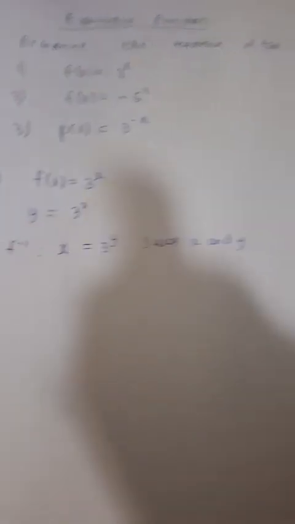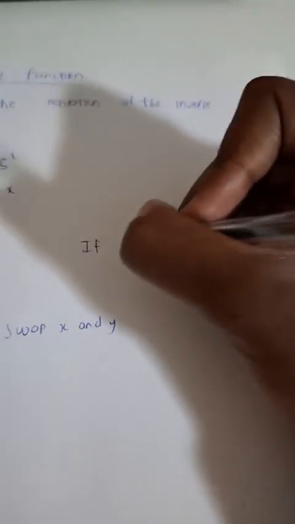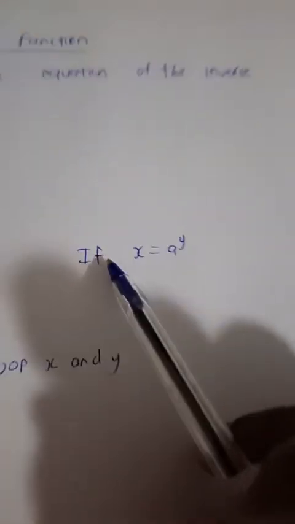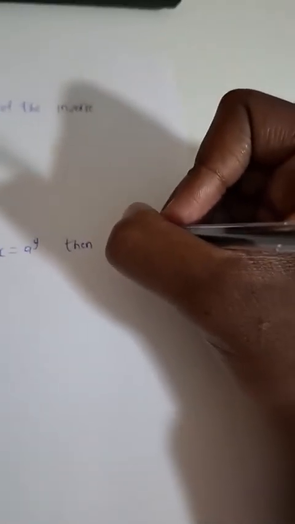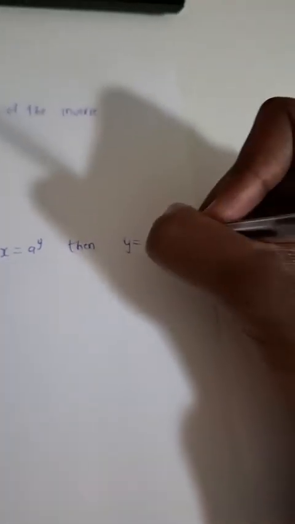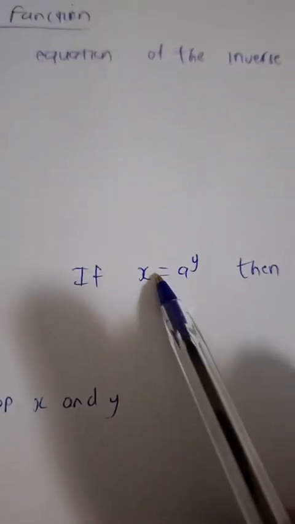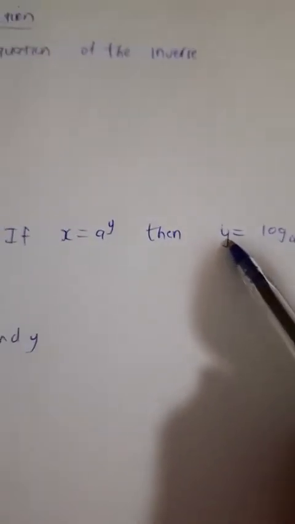And then step number 2. Please guys, note the following. There are important things we need to note. If x is equal to a to the power y, then we can use the log to express this function so that y becomes the subject.